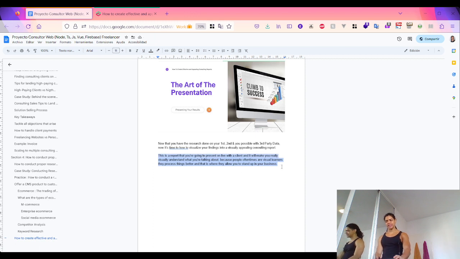Very important, this introduction here. Once you conduct the research, you look at the first, second, and possible third party data. Now it is time to know how to visualize your findings into visually appealing consulting projects.